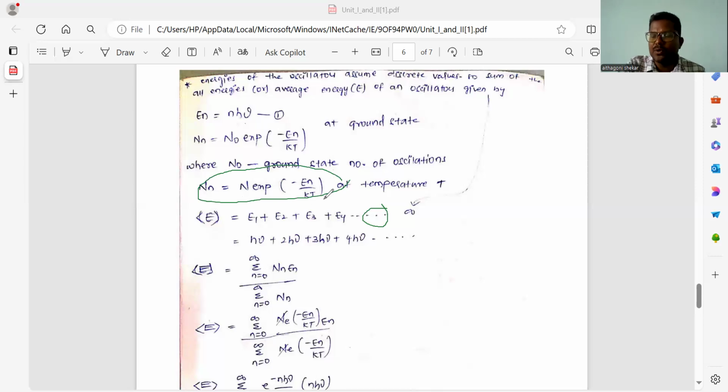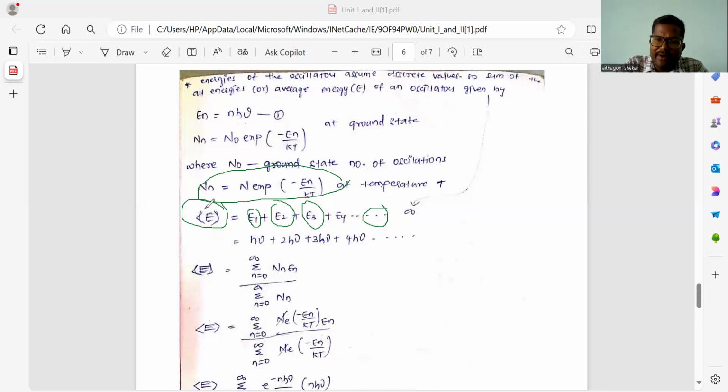For the average energy E, the first atom has energy E1, the second atom has energy E2, the third atom has energy E3, and the number of atoms is infinite.